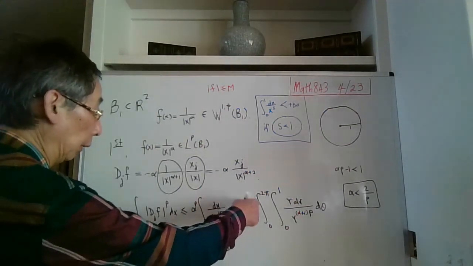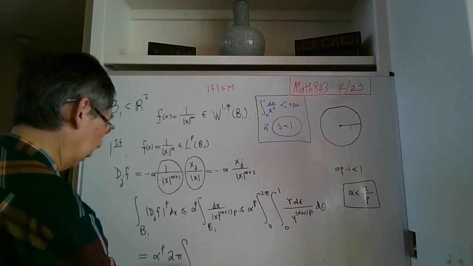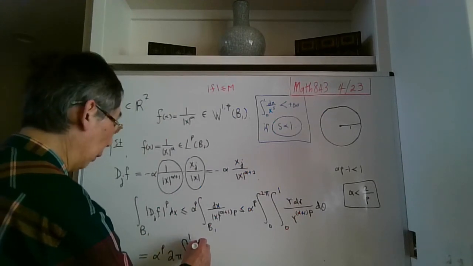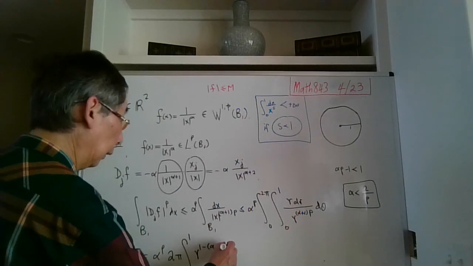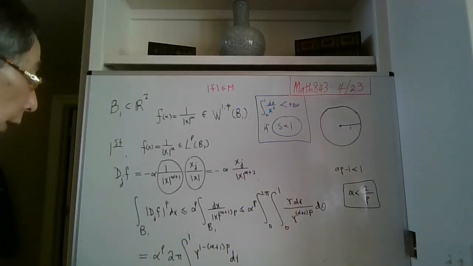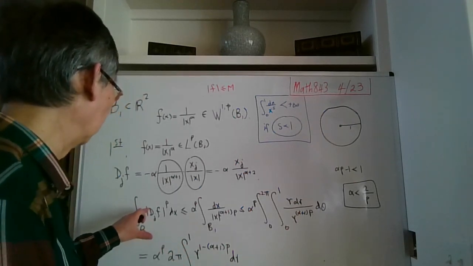The first integration 0 to 2 pi will become 2 pi. Then you have 0 to 1, and then your r, then you have 1 minus alpha plus 1 p dr. Okay, so here this will give us some conditions for which the derivative is also in the LP space.